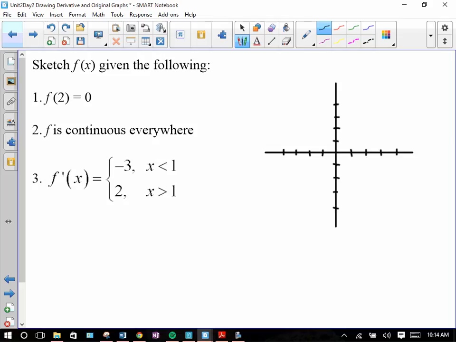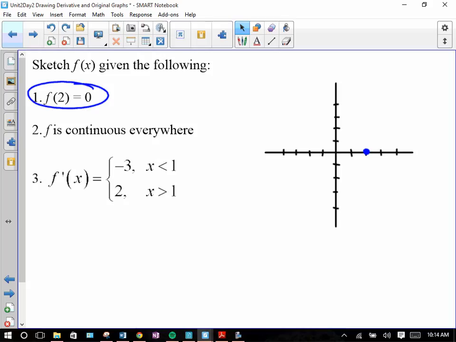First thing I'm going to do is put the one thing that is definitely not going to change at all. F of 2 is equal to 0. So when x equals 2, y equals 0. That makes sense? We'll go with that.